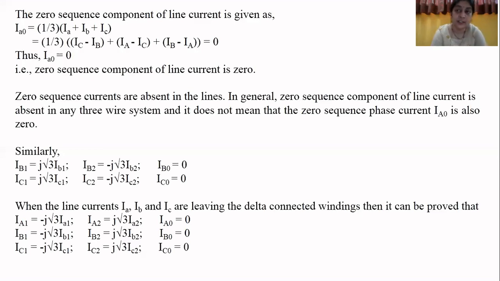IA1, that is the positive sequence component of the phase current in a delta connected system, will be root 3 times the line current of the same phase, but is now at an angle of minus 90 degrees, whereas the negative sequence component will lead by 90 degrees, just opposite to that of the previous understanding.